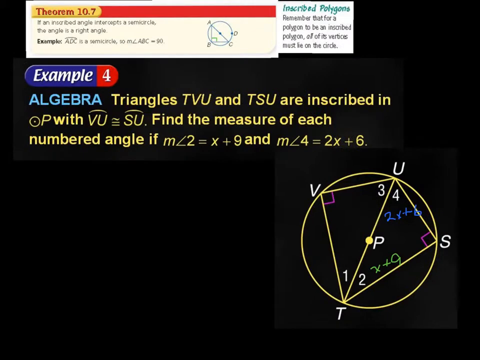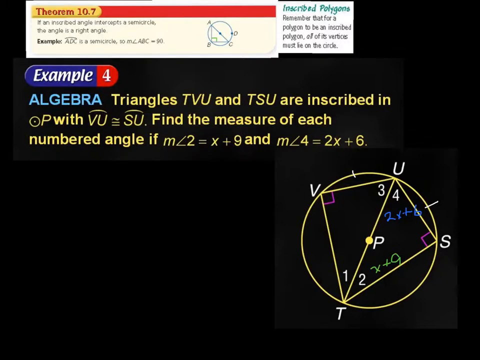Triangles TVU and TSU are inscribed in circle P with VU equal to SU. Find the measure of each numbered angle. If the measure of angle 2 is x plus 9, the measure of angle 4 is 2x plus 6. Well, first we probably should find x.